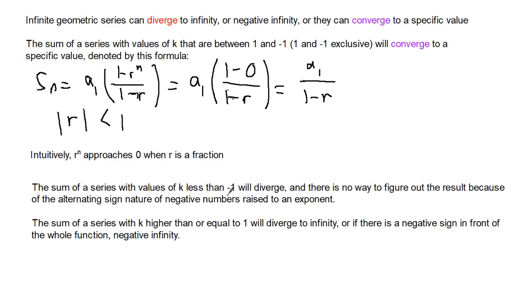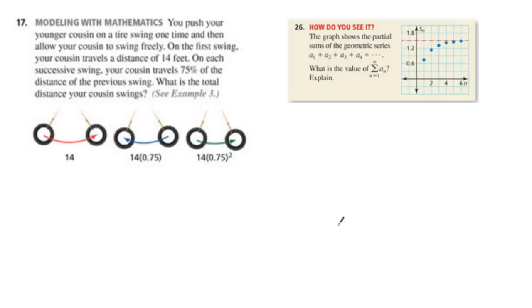The number is only getting bigger. It's not going up and down. However, if there's a negative sign in front of it, then it will be negative 2 plus negative 4 plus negative 8. So it'll approach negative infinity, right? So this is undetermined, does not exist. And this is infinity or negative infinity. So let's work it out.